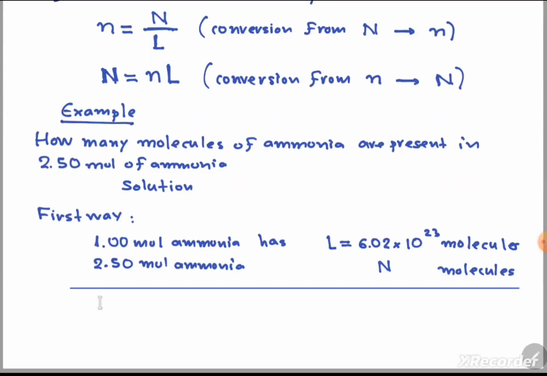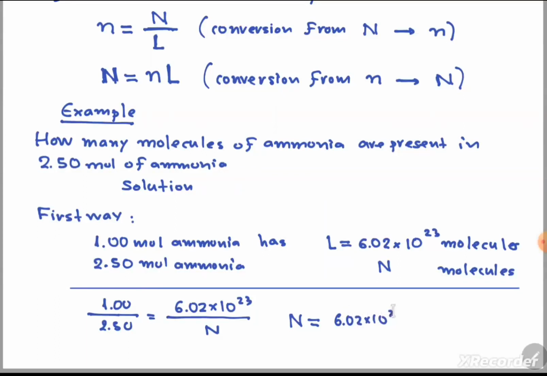So we have the relationship, and the number of molecules is equal to, and we find the result: 15.05 times 10 to the 23 molecules. This is the first way.